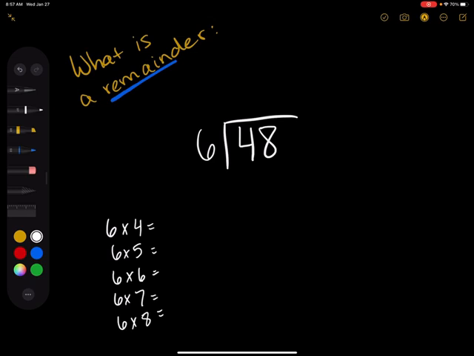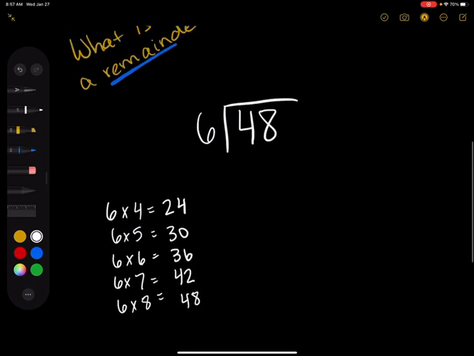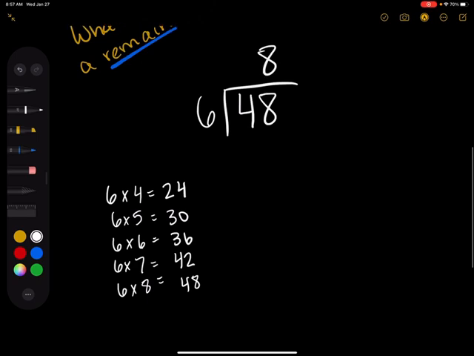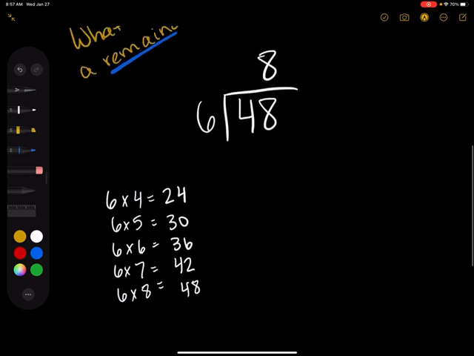All right, so we know 6 times 4 is 24. 6 times 5 is 30. 6 times 6 is 36. 6 times 7 is 42. 6 times 8 is 48. We know that it goes in 8 complete times, so we can make 8 groups of 6 to give us 48.